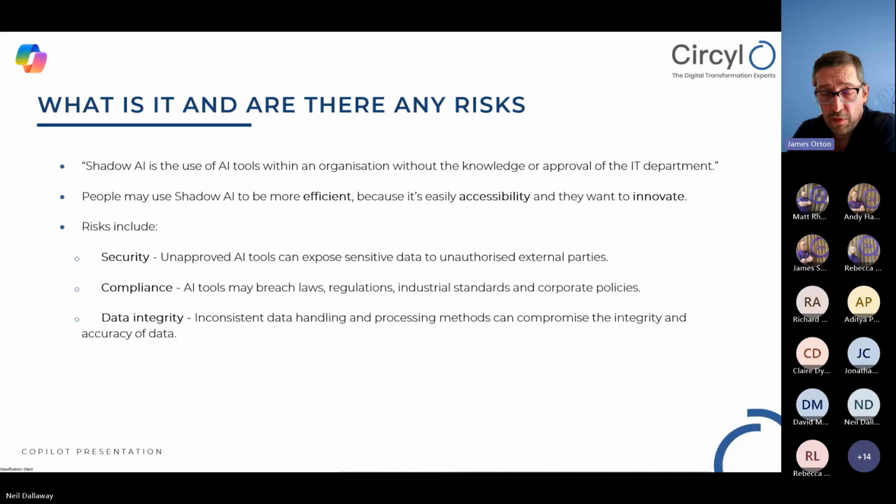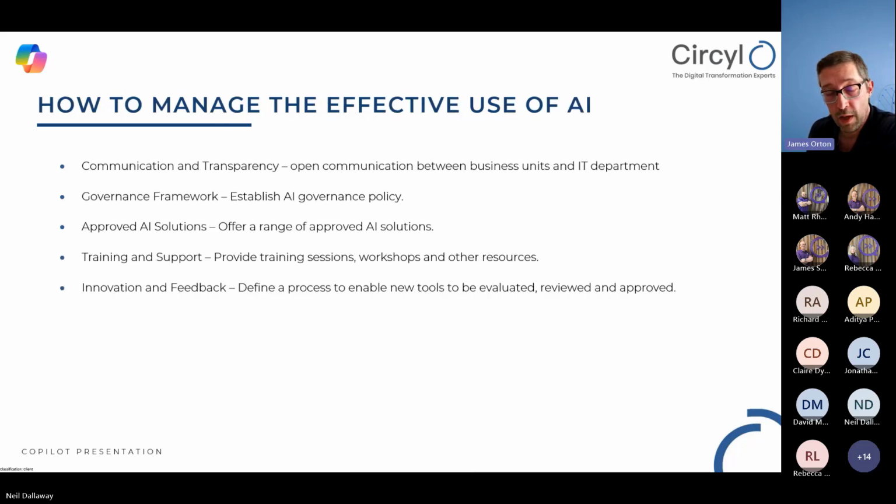And as we said before about retention, the data integrity. If I'm using inconsistent data handling and processing methods by some of these AI tools, I can compromise the integrity and accuracy of our data. If those tools are looking at old or outdated data that's no longer correct, the results or conclusions they're reaching could be wrong. If we're using those outputs to drive business decisions, our decisions could be based on incorrect logic.